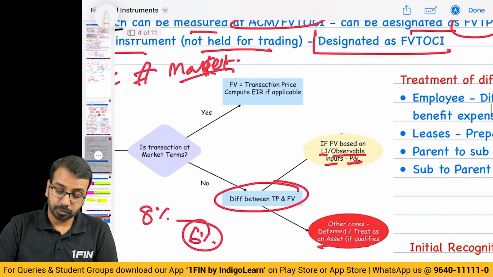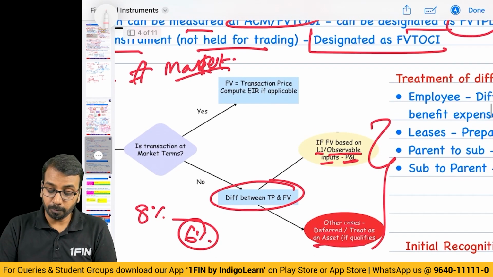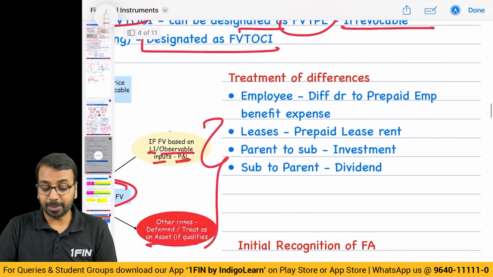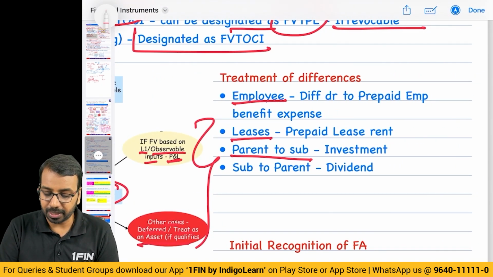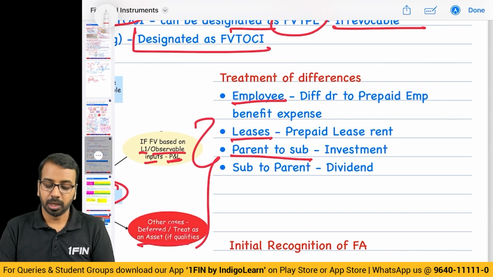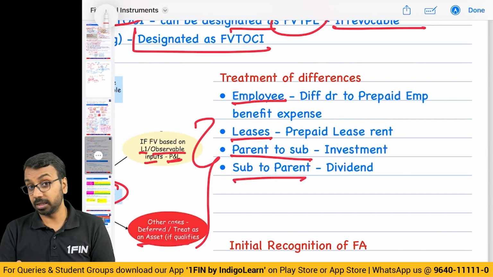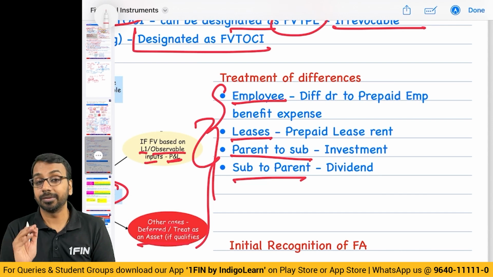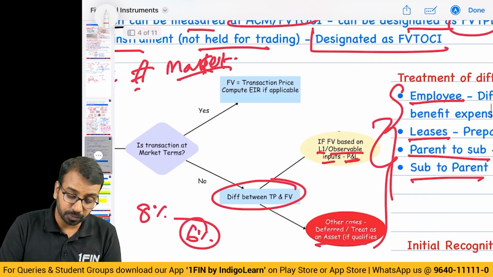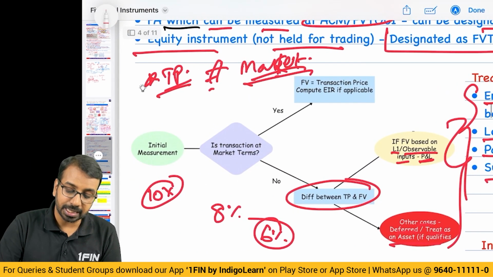But, so this is how you will normally do. Typically, the type of question you get in the exam is a loan given to an employee, leases, a loan given from parent to subsidiary, or from subsidiary to parent. In all of these cases, what do we do for the difference? Which difference? The difference between the transaction price and the market price.